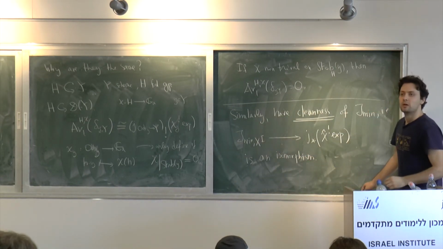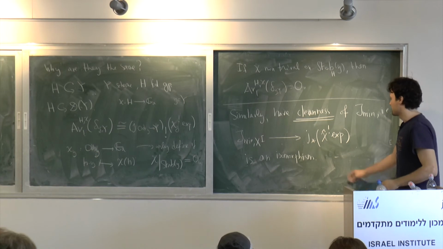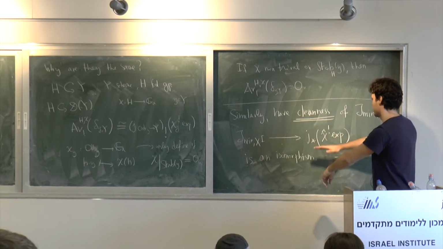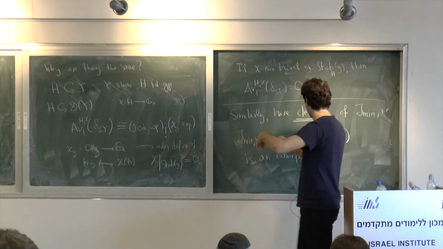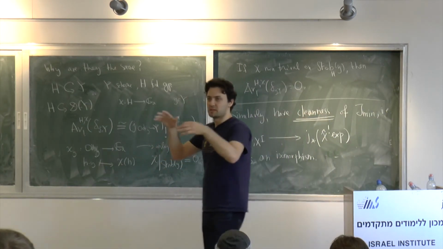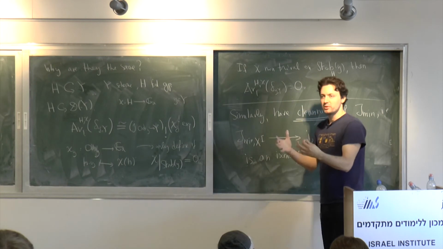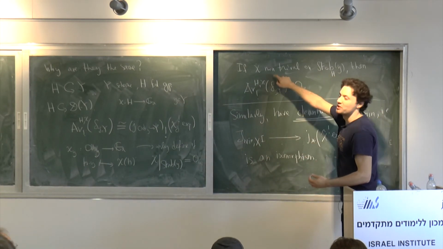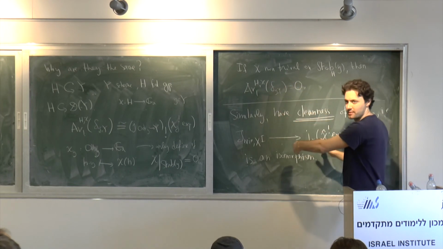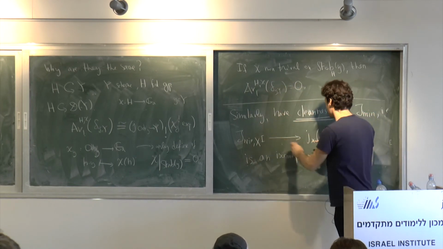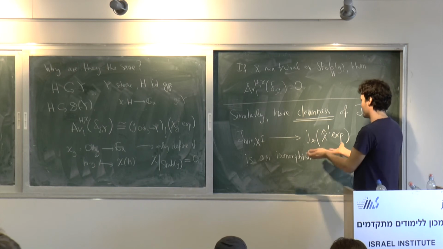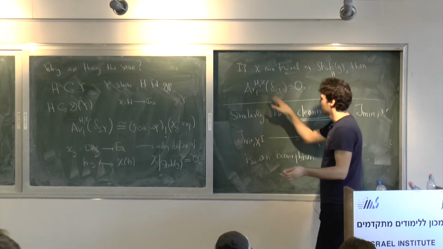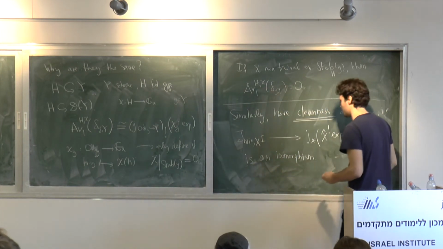Sorry? Exactly, because, well, I go back to the relative setting, but the difference between those two guys is supported within the locus where I have this condition. So anything in the support of the locus will satisfy this condition, so the character will be 0.